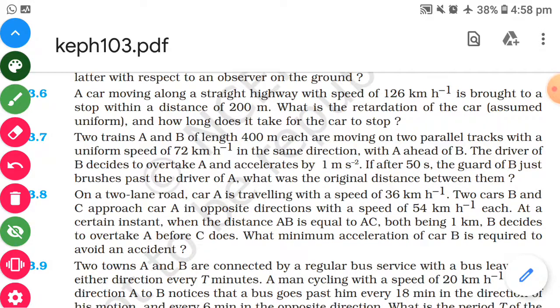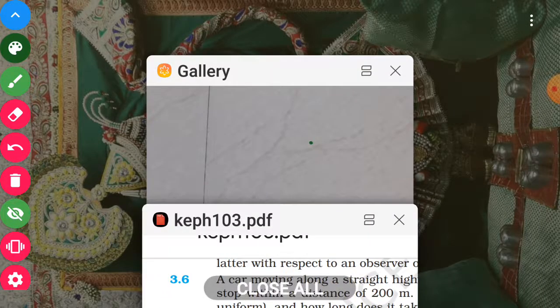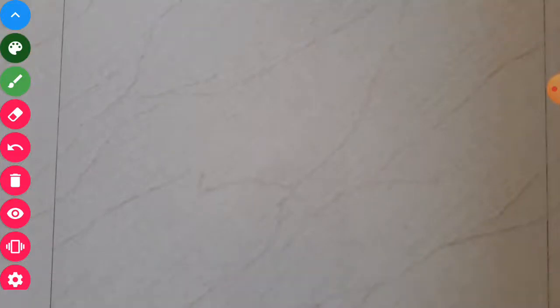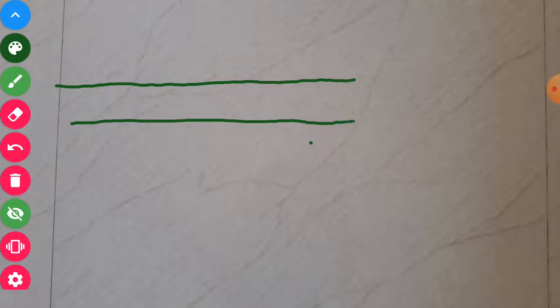Now we move this way. We consider that there are two trains which are moving in the same direction on two different tracks. Try to understand. Now I am showing it this way. This is the first track and this is the second track. The train A is ahead of train B. Both the trains are of the same length, and the length of both is given as 400 meter.